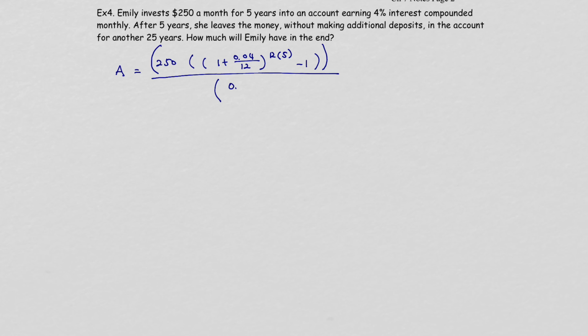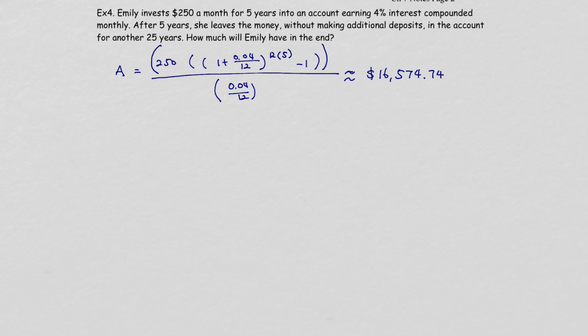And then 0.04 over 12. And when you plug in these numbers, you will get close to 16,574.74. So that's how much you get after 5 years.